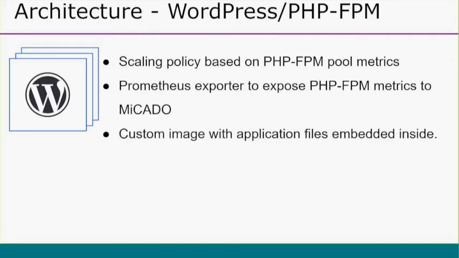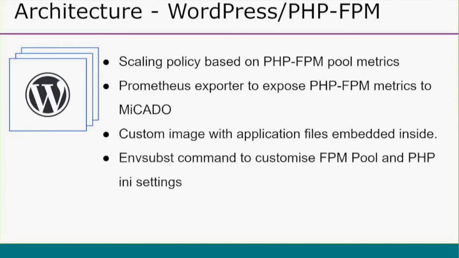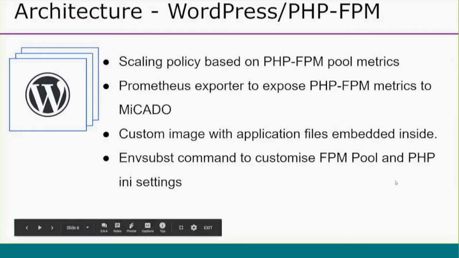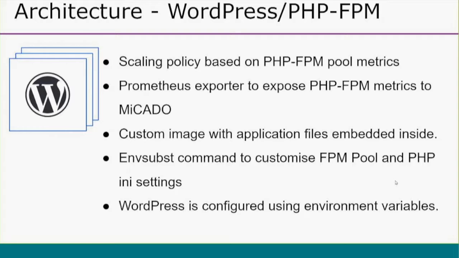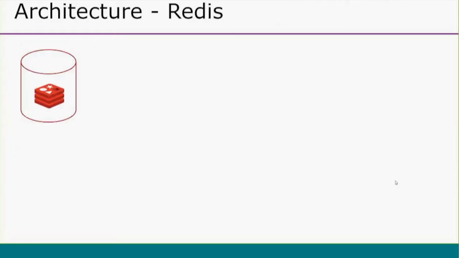And we're using a custom image with the application files for WordPress embedded inside. We're also using the m substitution command to customize both the PHP FPM pool and also PHP ini settings. And WordPress is configured to use environment variables so that the applications can run in different environments.